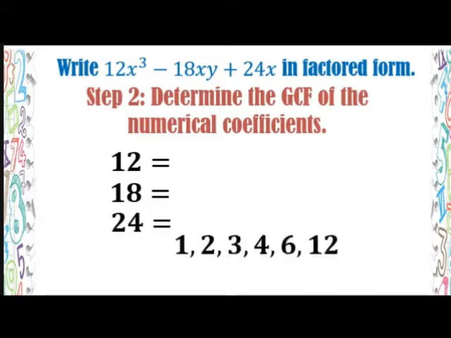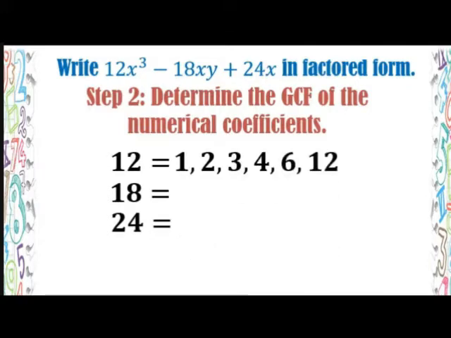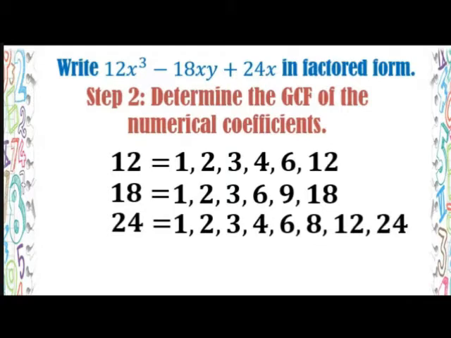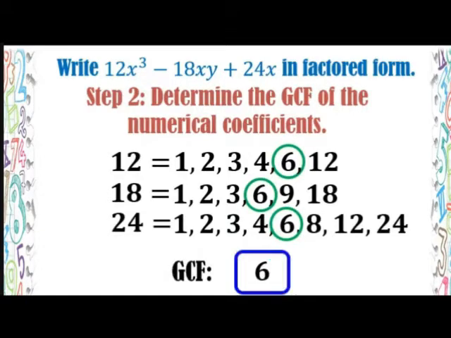Factors of 12 are 1, 2, 3, 4, 6, and 12. 18: 1, 2, 3, 6, 9, 18. 24: 1, 2, 3, 4, 6, 8, 12, and 24. The highest common factor or the greatest common factor is 6. So 6 is the GCF of the numerical coefficients of the given polynomial.